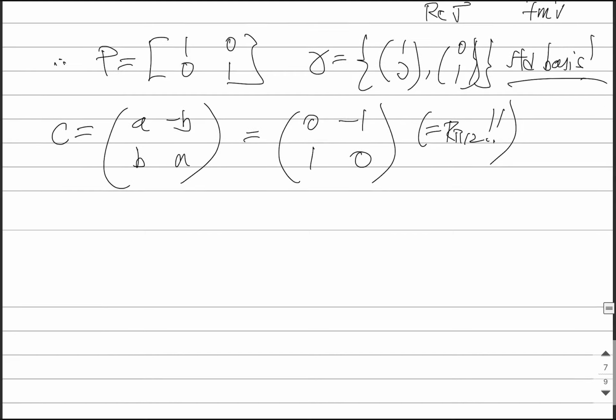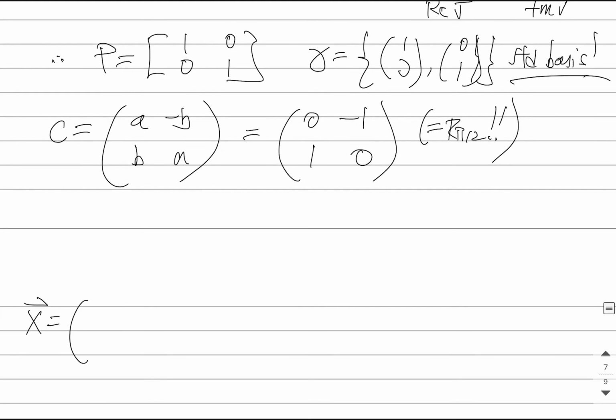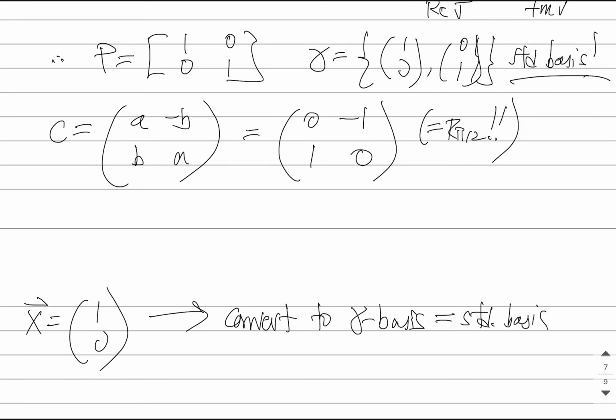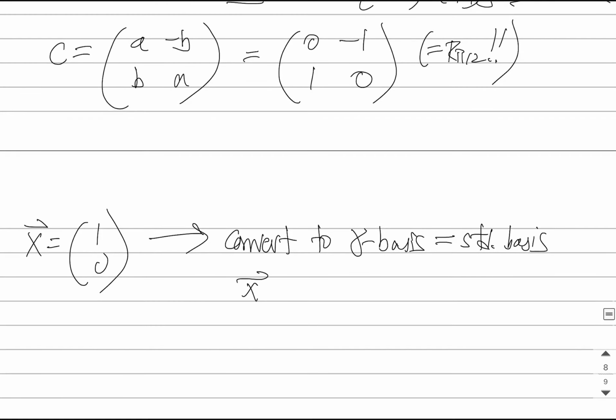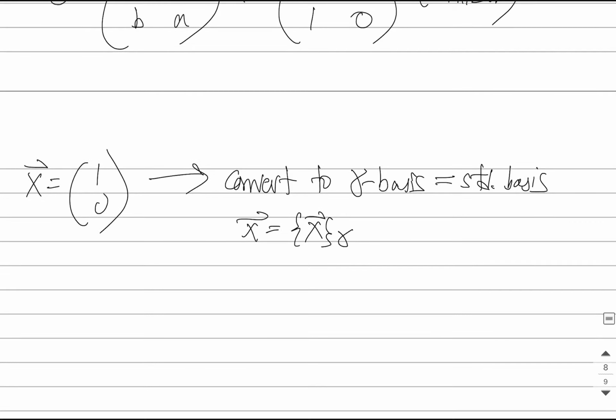But here's the point of the story. If I were to take some vector, let's say 1, 0, and if I were to convert it to this gamma basis, it's already itself because it's the standard basis. And that means that this vector x is going to be its own coordinate representation in this gamma basis.